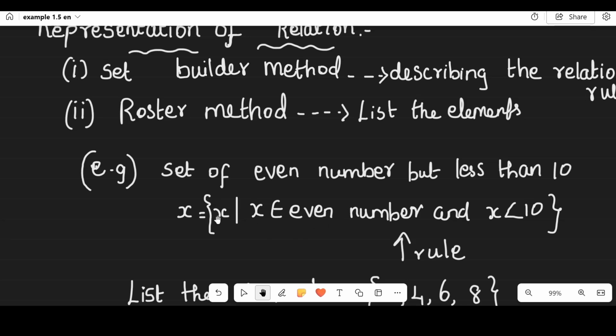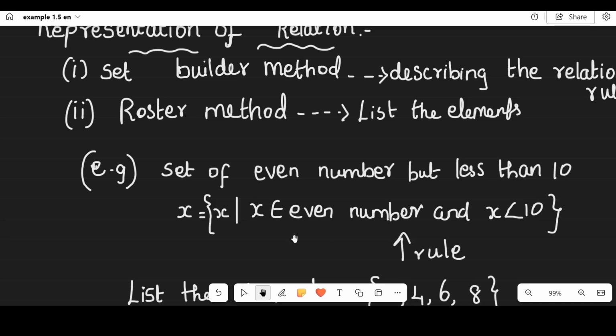X is equal to x such that x belongs to even numbers and x is less than 10. This is a condition or a rule.